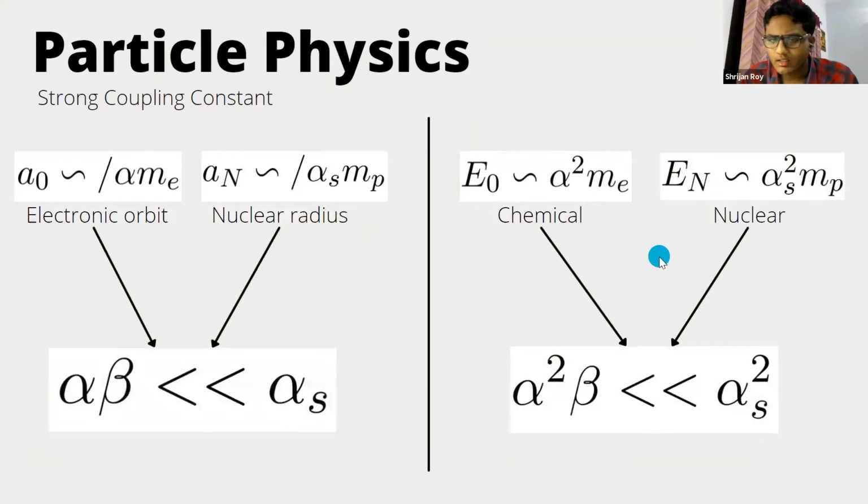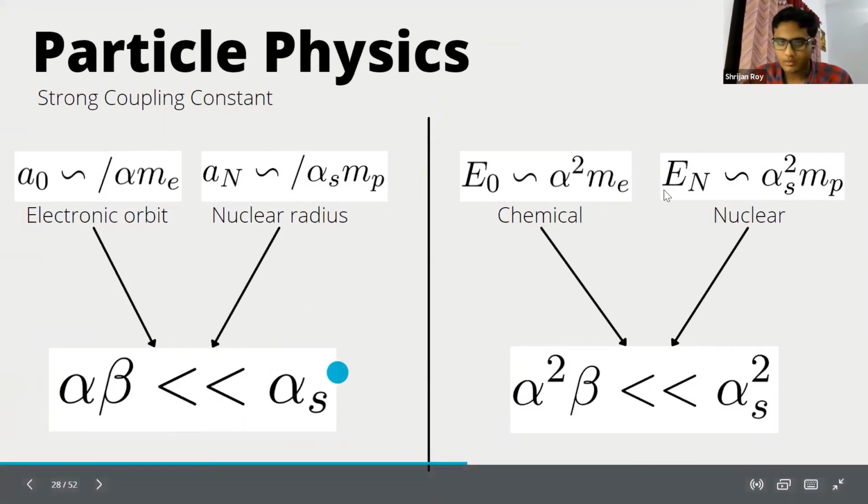Also, there are these miscellaneous constraints, like the electron orbit should be greater than the nuclear radius, because we want the universe we are considering to function like ours. So this constraint comes into the picture.